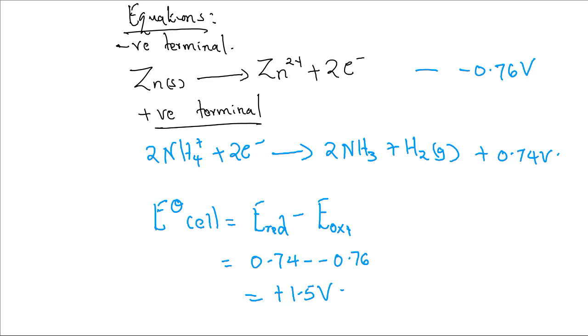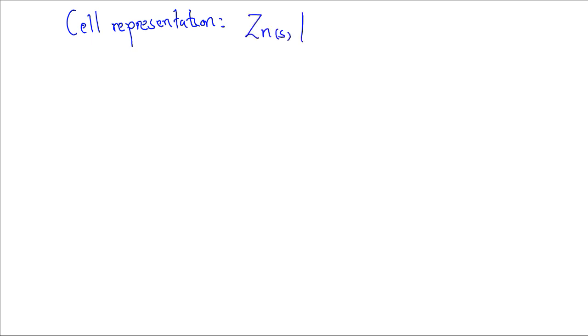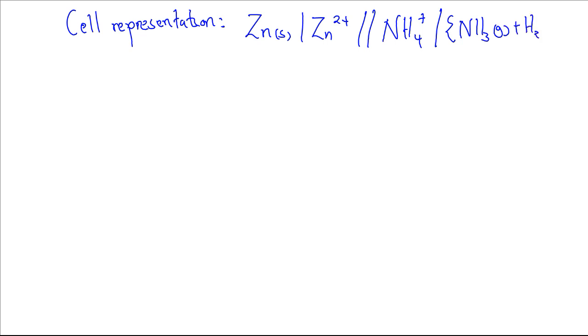So the cell representation will be as follows. The cell representation will have zinc solid, oxidation to that, then ammonium ion being reduced to form a mixture of ammonia gas and hydrogen gas.